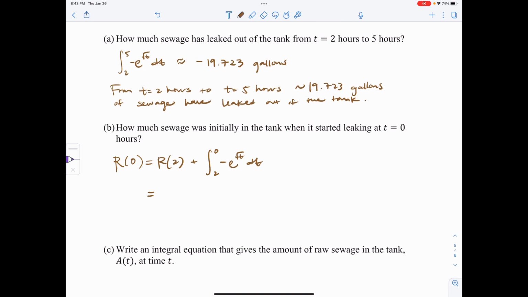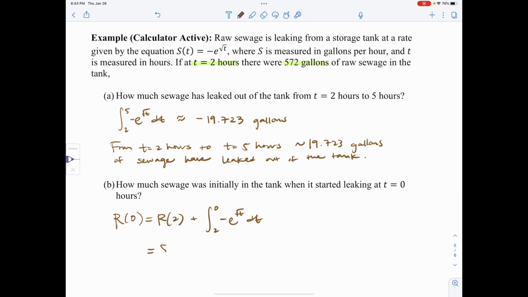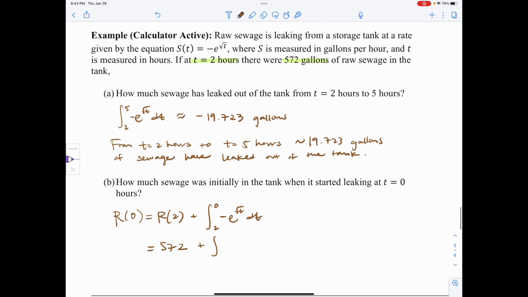Okay, so then that's 572 plus that integral. And if we want to switch it to be from 0, you don't have to, but from 0 to 2, right? You could make that minus, and then it would cancel with that negative. E to the root T dt.